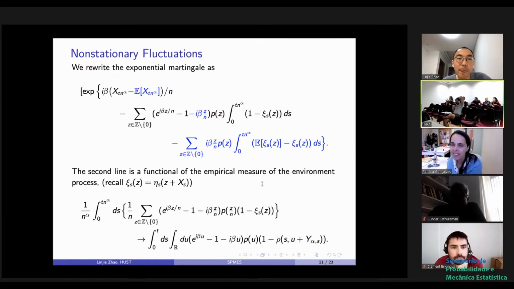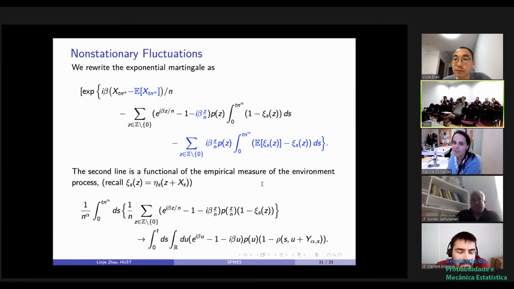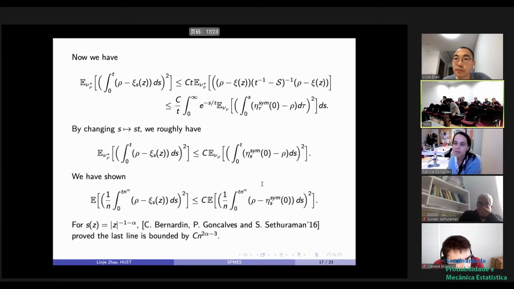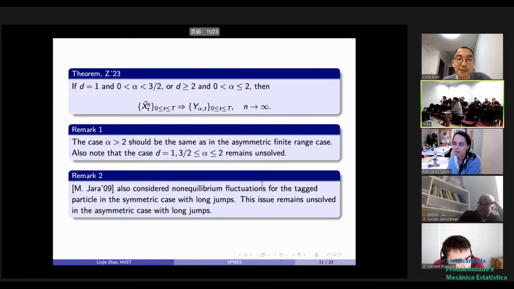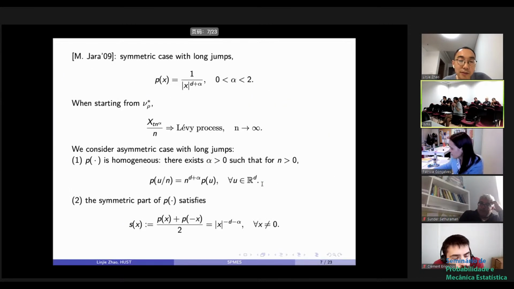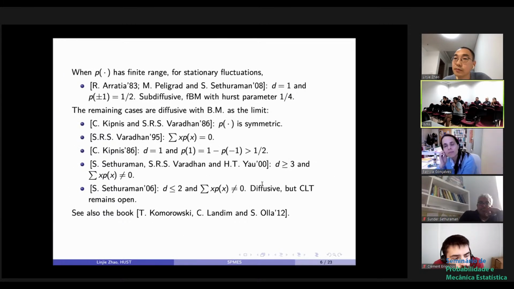Yeah, I don't know a lot about the subject, but in dimension one, I guess the nearest neighbor case is really different because particles cannot overtake one another, right? Yes. And in that nearest neighbor case, it turns out that the position of the tagged particle is related to the flux of particles at the origin.